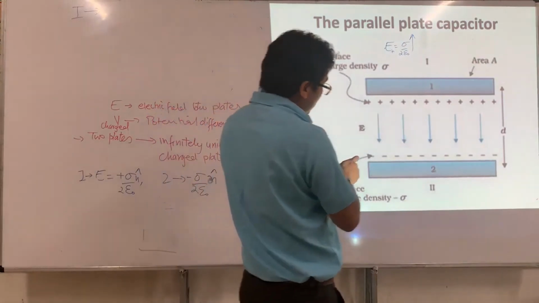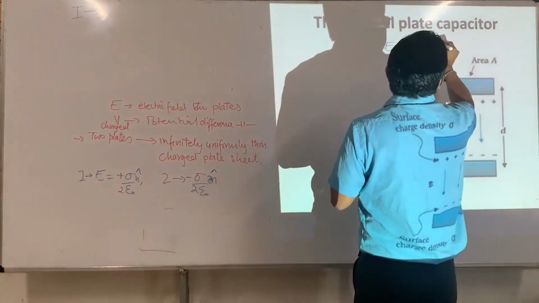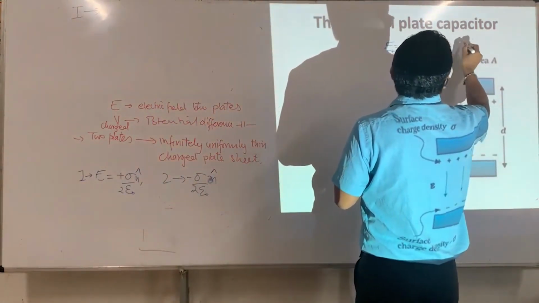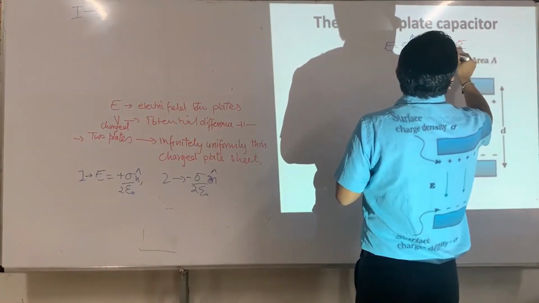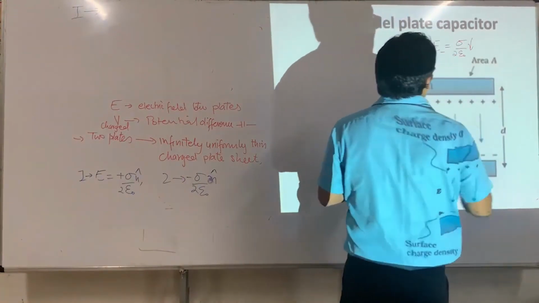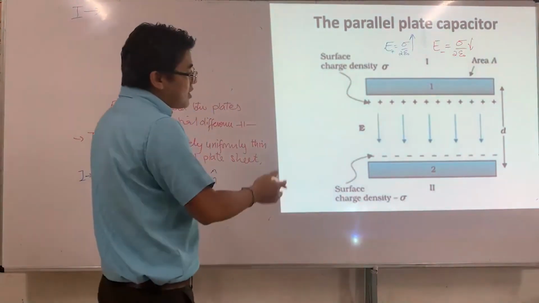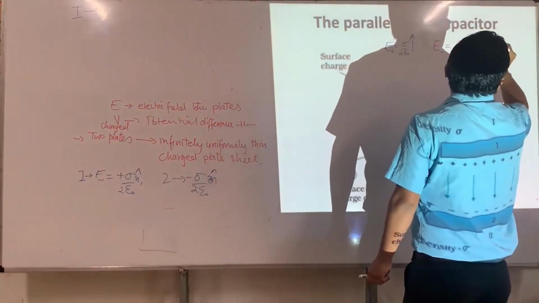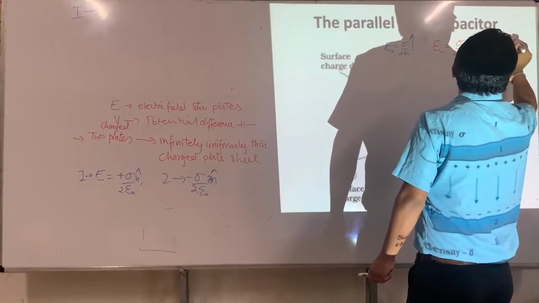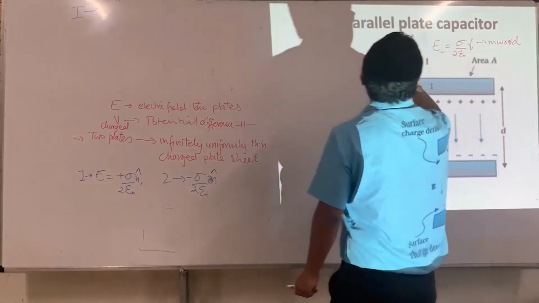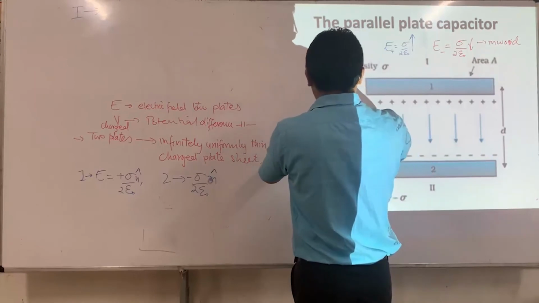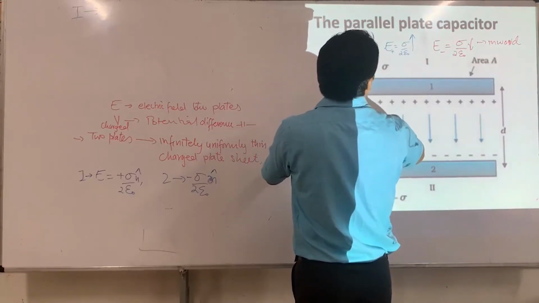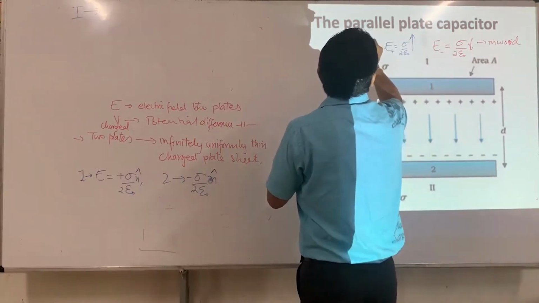And the electric field due to plate number 2 is going to be sigma by 2 epsilon naught, pointing inward. Here it is inward and this one is outward. Why outward? This is a positive charge. Why inward? This is a negative charge, right?